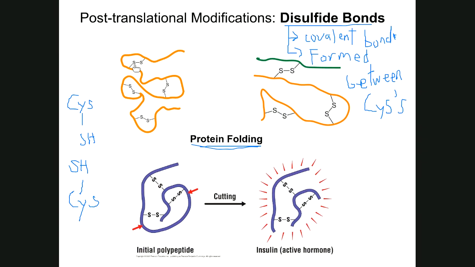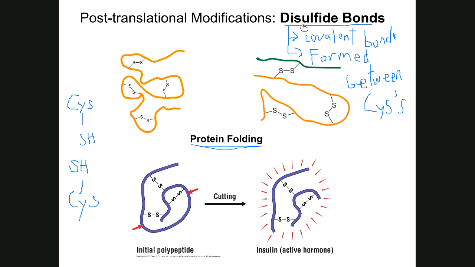And this will allow other proteins in the cell to remove the hydrogens in these sulfhydryl groups and form a covalent bond between these two atoms of sulfur that are part of the R groups of the amino acid cysteines. Since it's specifically between two atoms of sulfur, we call it a disulfide bond.